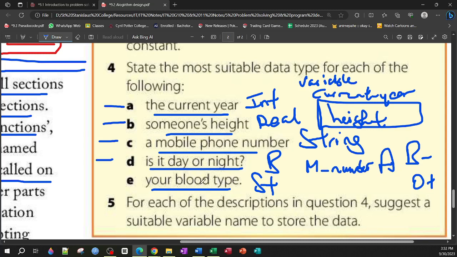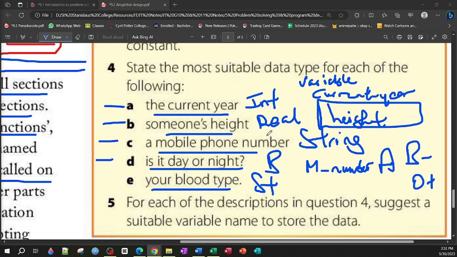D, what variable name can we use there? Blood type. For D? Wait, D?